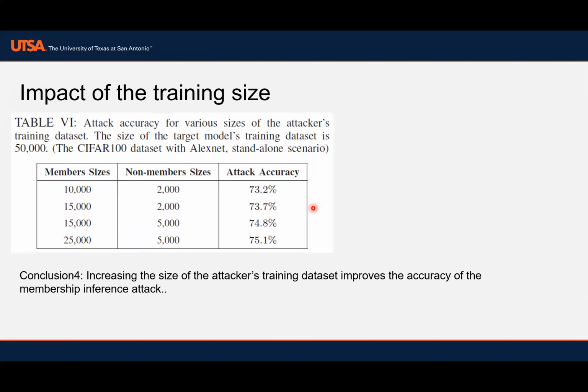Why does increasing the size of the attacker's training data set improve the accuracy of the membership inference attack?